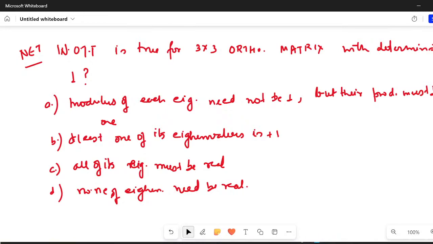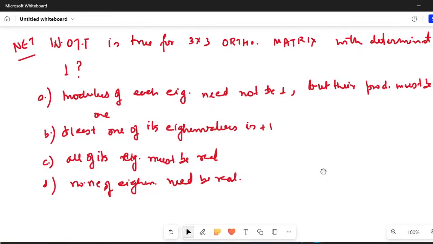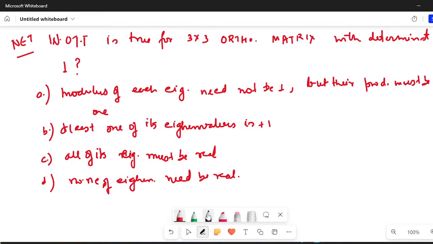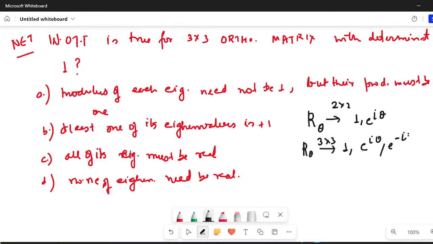Now in order to do such questions, just think about some matrices. I have already taught you the rotation matrix. We know that for a rotation matrix of order 2 cross 2, the eigenvalues are e to power iota theta and e to power minus iota theta, and for a rotation matrix of 3 cross 3, the eigenvalues are 1, e to power iota theta and e to power minus iota theta.